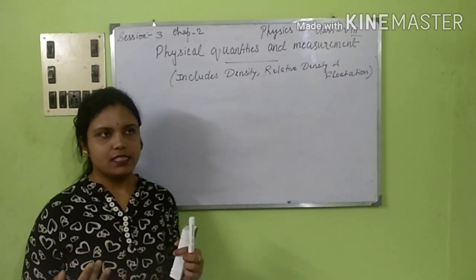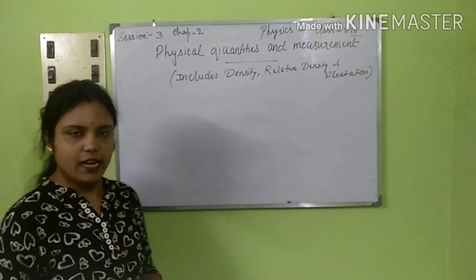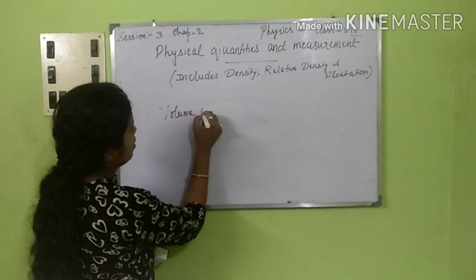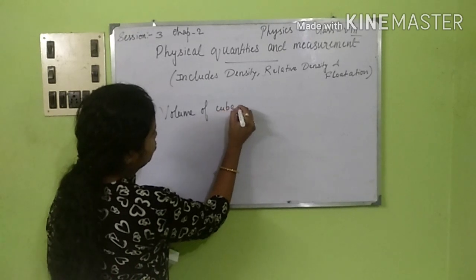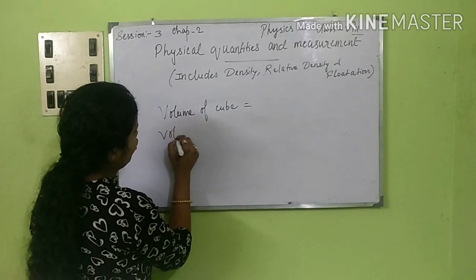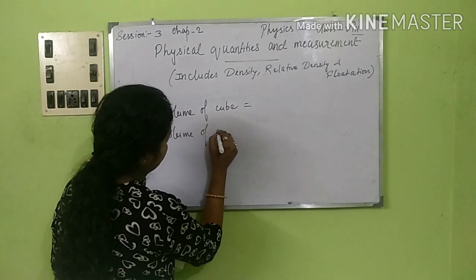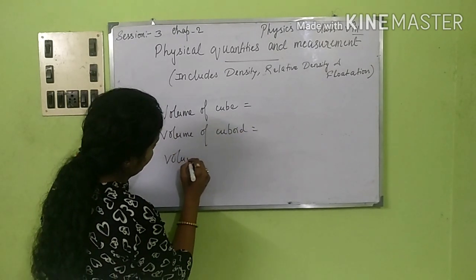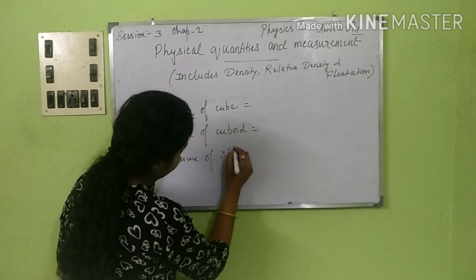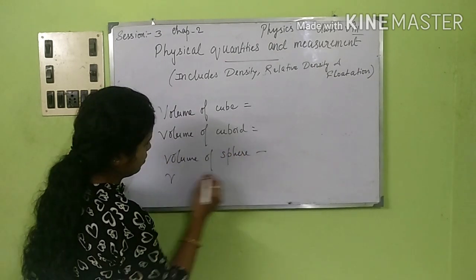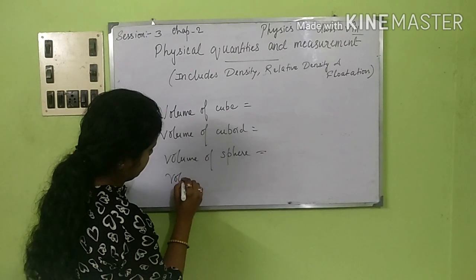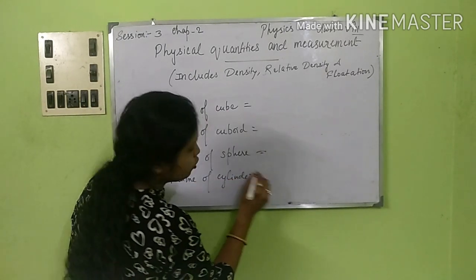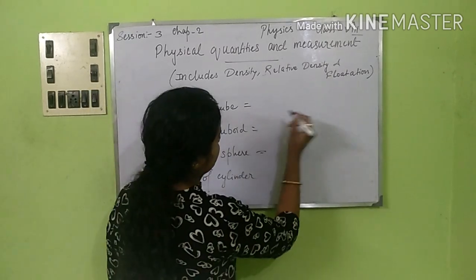Suppose volume of cube, volume of cuboid, volume of sphere, volume of cylinder. You know what the shapes of these are, right?